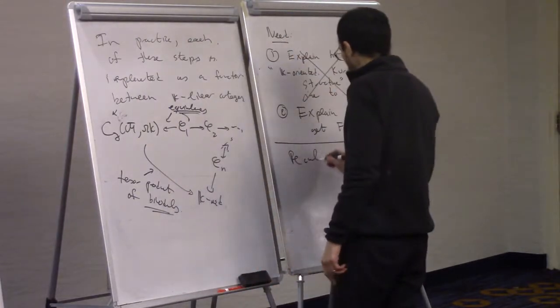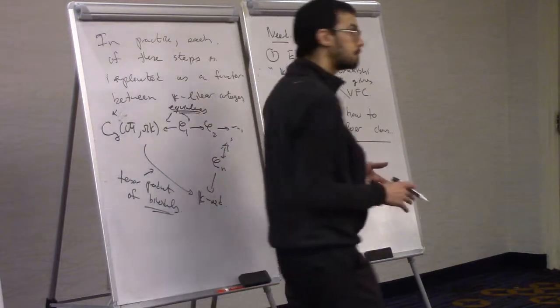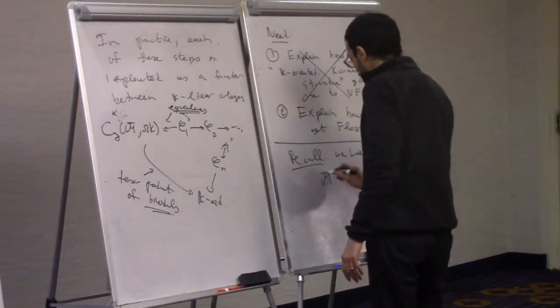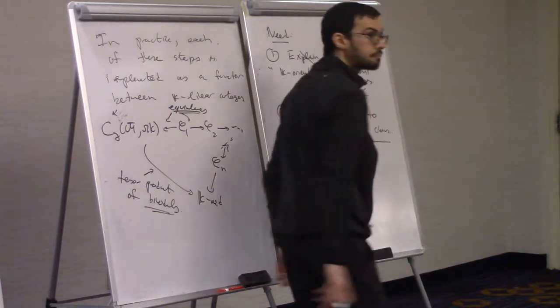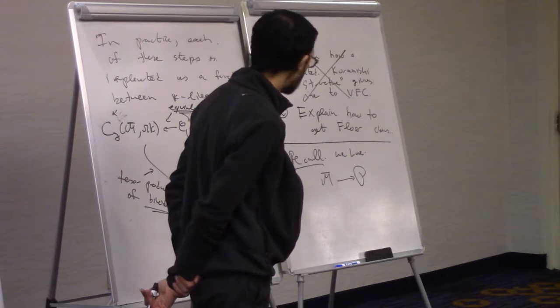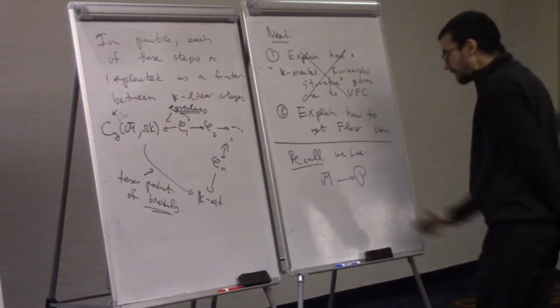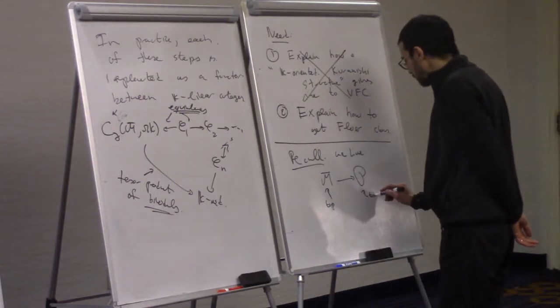Let's recall that when I started the discussion, I said we started with a partially ordered set. So we have a bar, and I said that we have this projection map to P. This is some kind of topological category, and this is also a topological category.